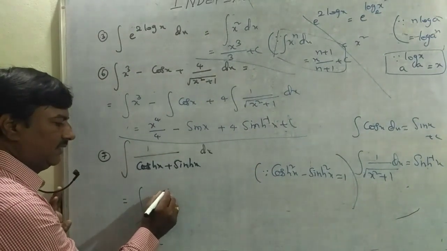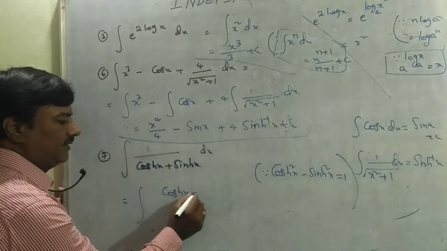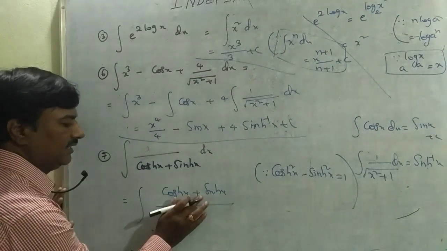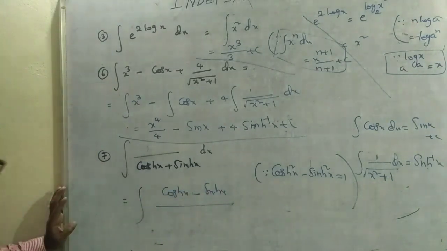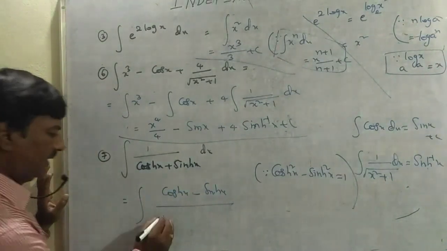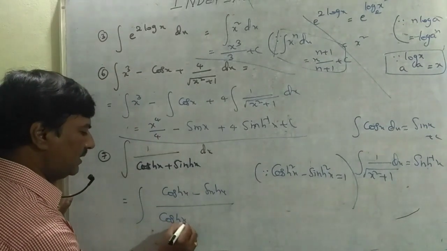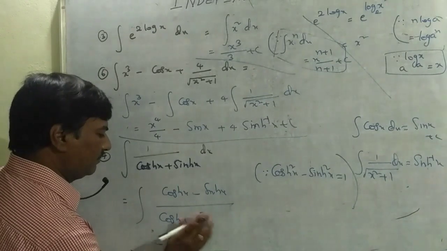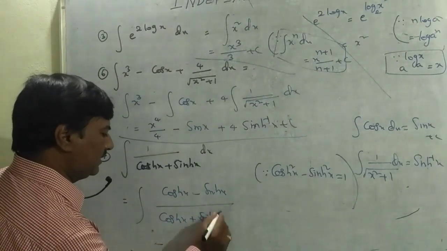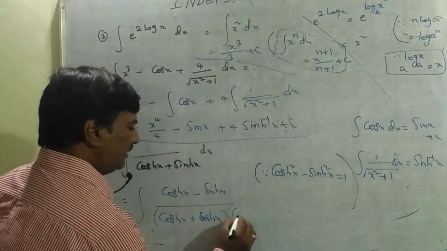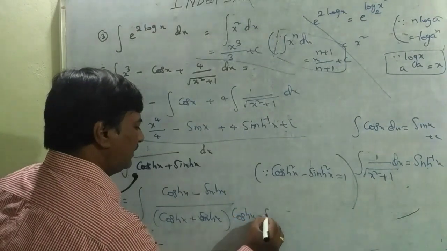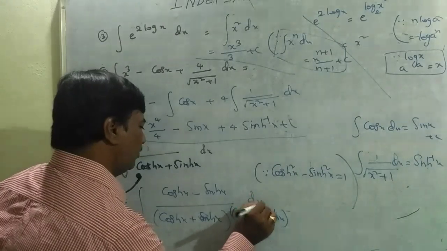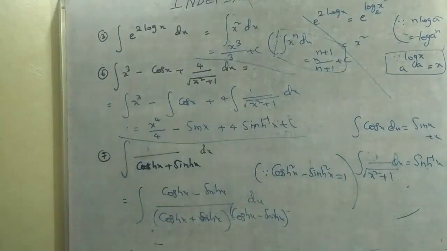That is cosh x plus sinh x. Now we multiply the numerator with cosh x minus sinh x, and the denominator is also cosh x minus sinh x, so cosh x plus sinh x into cosh x minus sinh x. We are multiplying and dividing the numerator and denominator.